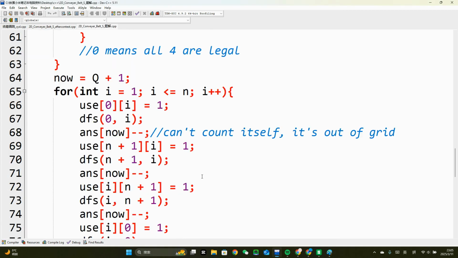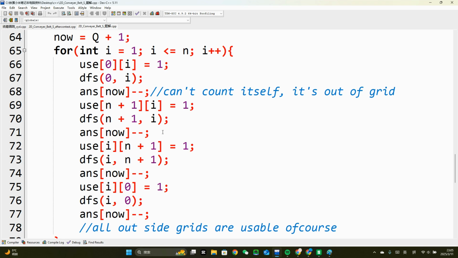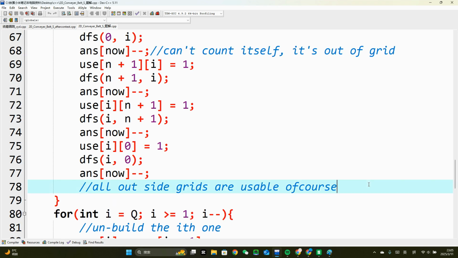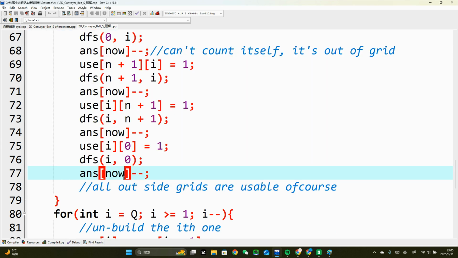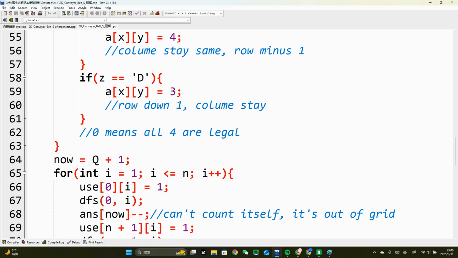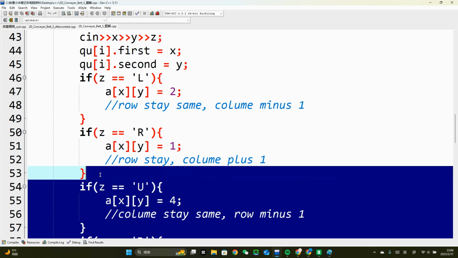For each cell that's outside of the grid, obviously, we count it as usable. So we count all the outside cells and we add them to the initial answer, because we know this answer is actually going to be the last answer since we're processing them backwards, but we have already added all the constraints.